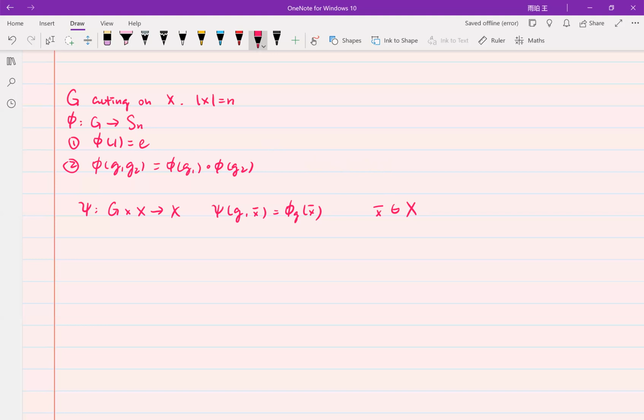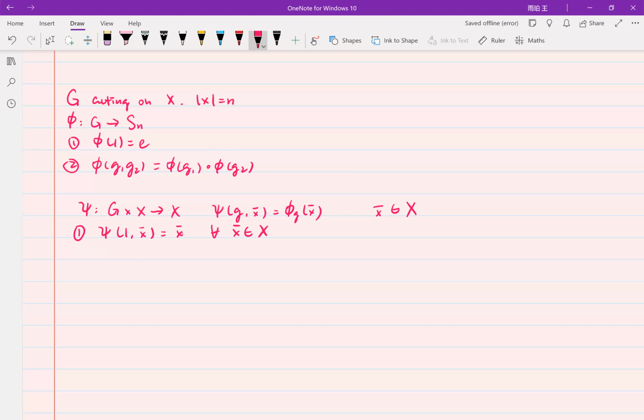Now, group actions follow two group action axioms. The first one is that psi of 1, x bar equals x bar for all x bar in X. So the identity element won't permute any element in the set X in any way.